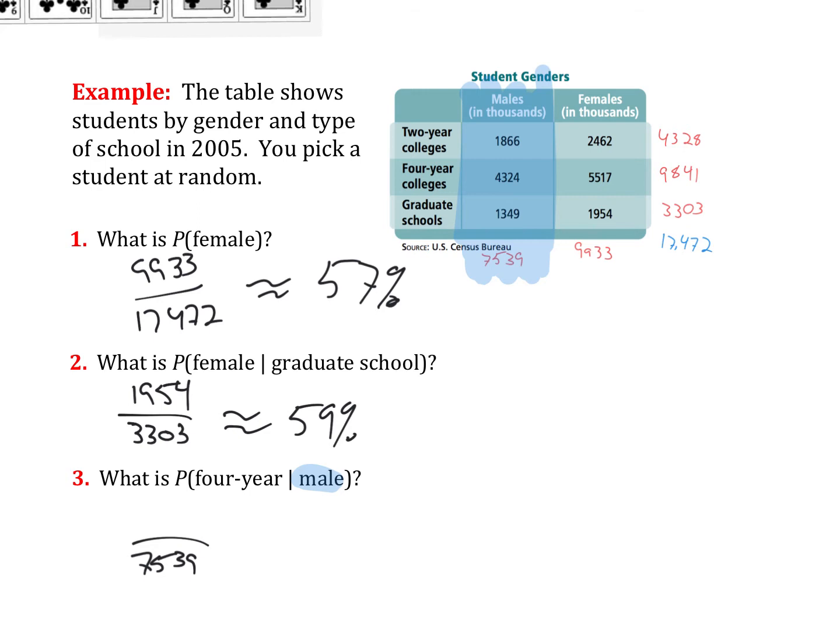Well, of those males, it looks like 4,324 of them went to a 4-year school. So 4,324 up here. Go straight to your calculator. Get about 57%.